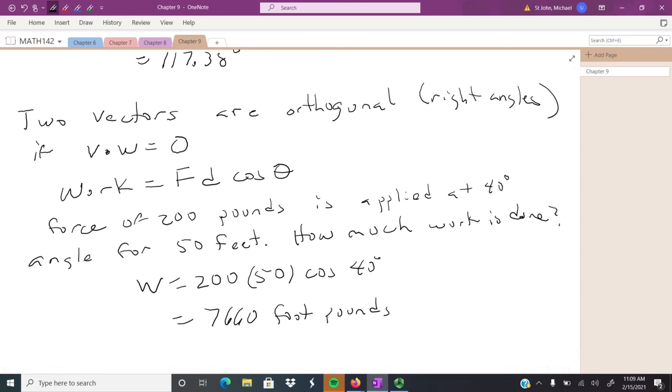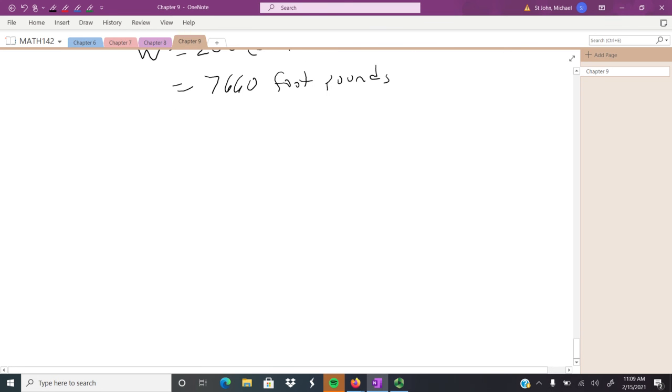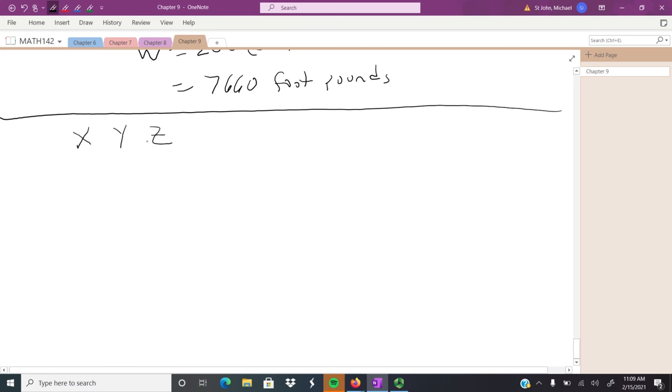So we have that in terms of the XY system, and so then the chapter finishes off in terms of the X, Y, Z coordinate system. So now v is given by ai plus bj plus ck.